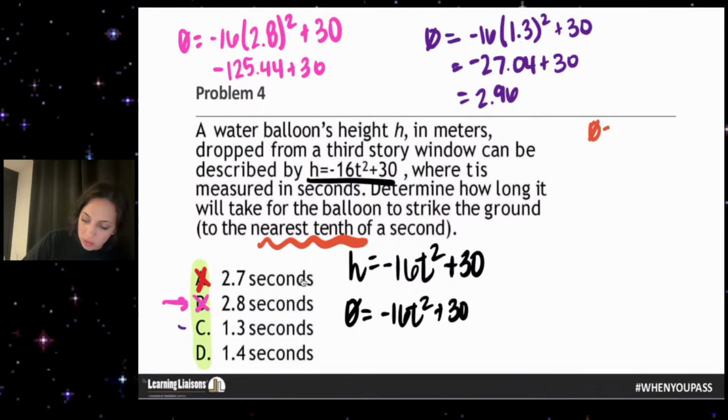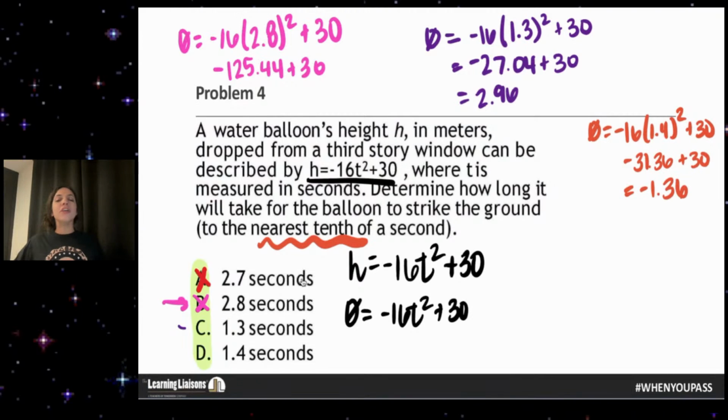So 0 equals -16 times 1.4 squared plus 30. 1.4 times 1.4, 1.96 times 16, negative 31.36 plus 30, negative 1.36.